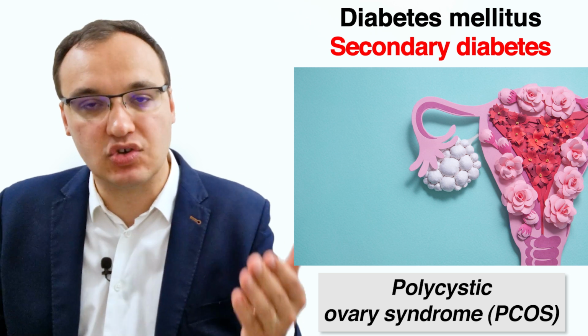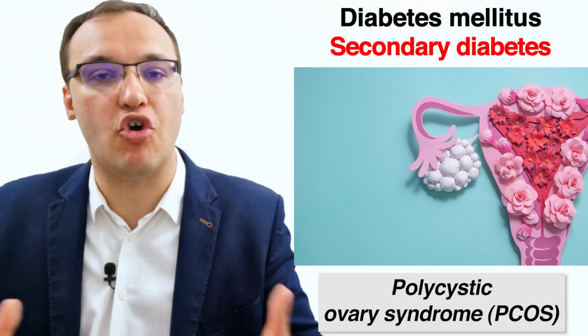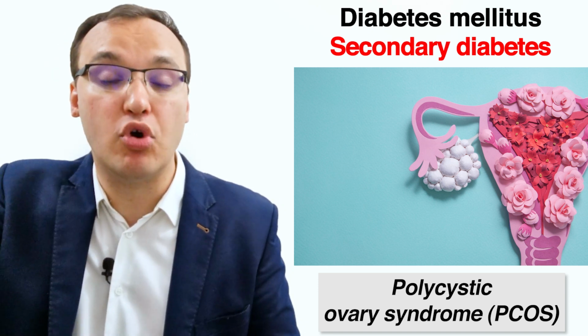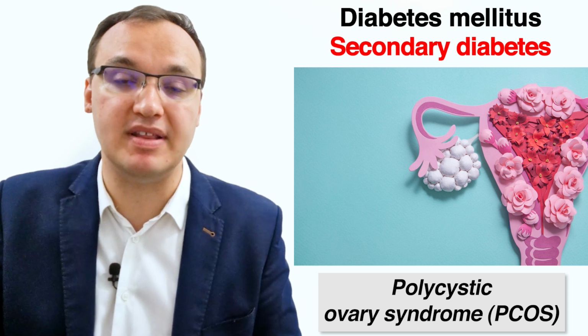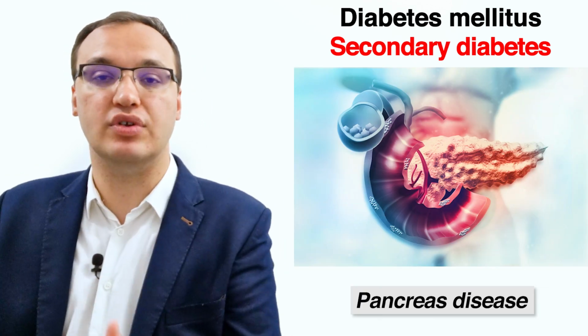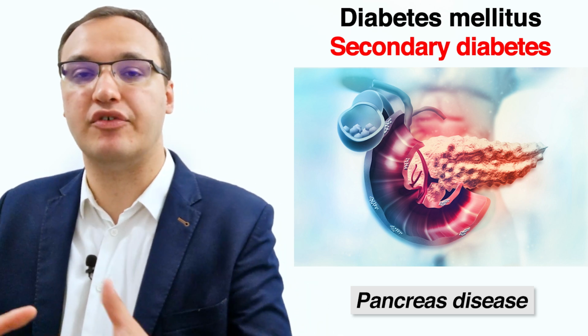And this imbalance causes their body to skip menstrual periods and makes it harder for them to get pregnant. Additionally, they become more prone to develop, for example, diabetes. And as mentioned before, diseases of the pancreas can all lead to diabetes. So patients with pancreatic disease usually require insulin.